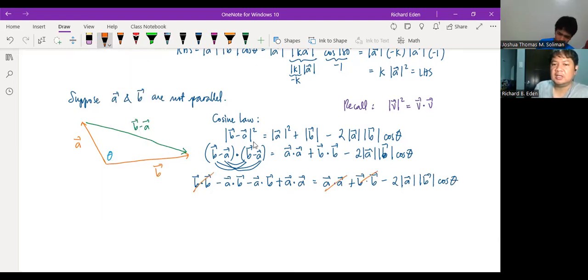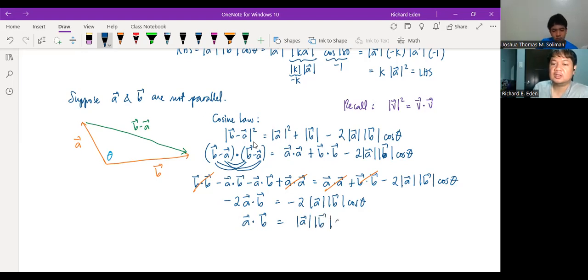B dot B, A dot A. On the left side, we have negative twice A dot B equals negative twice product of the lengths times cosine of theta. And a straightforward cancellation by -2 gives us the following remarkable fact about the dot product, that it is the product of the lengths of the two vectors times the cosine of the angle theta between them.